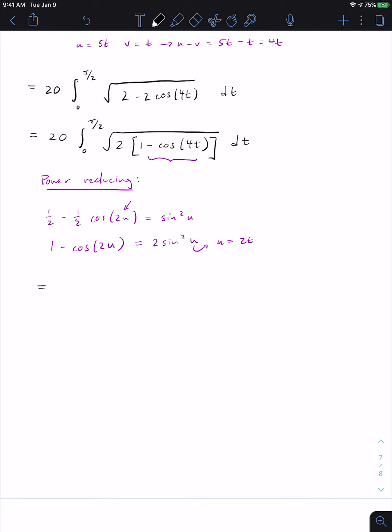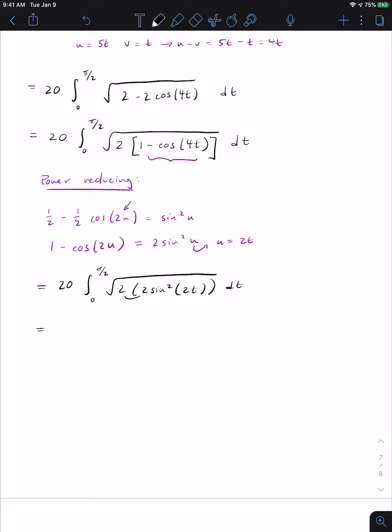So this one I get 20 times the integral from 0 to pi over 2 of the square root of 2 times 2 sine squared of 2t dt, right? So now 2 times 2 is 4, and I take the square root of it and pull it out.